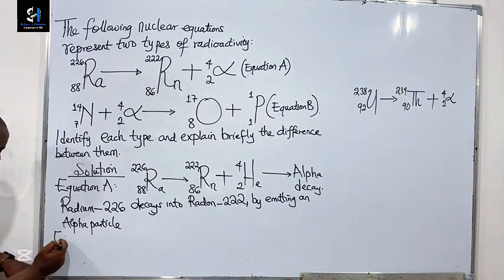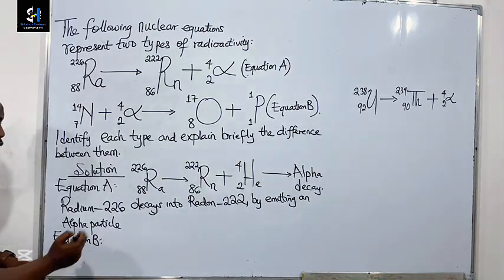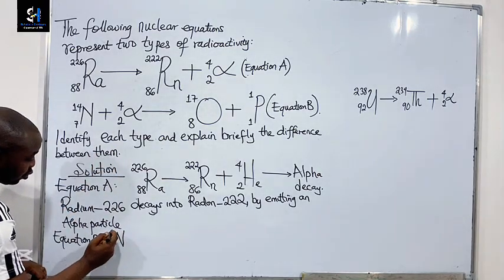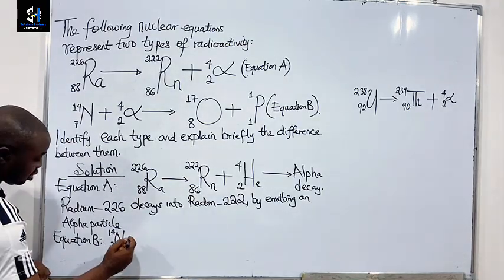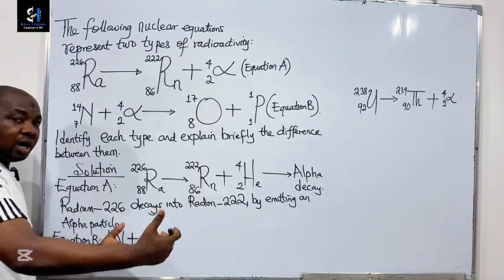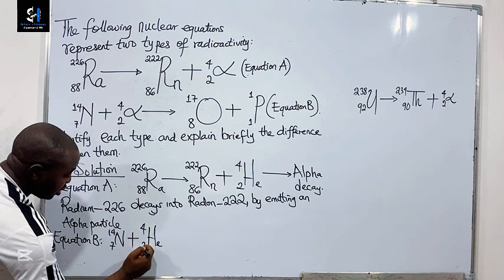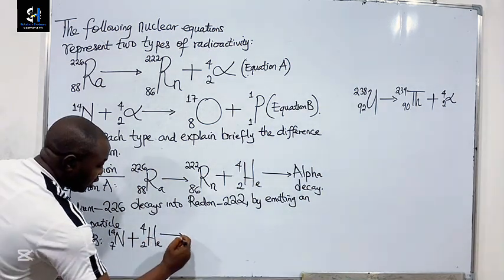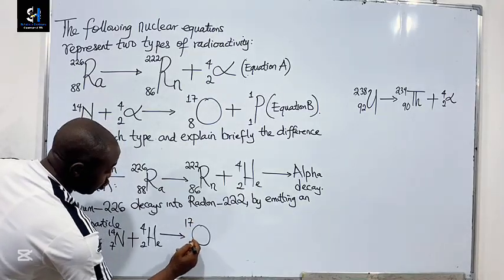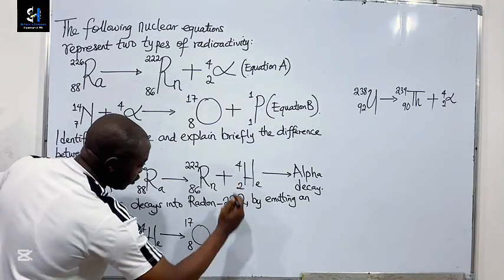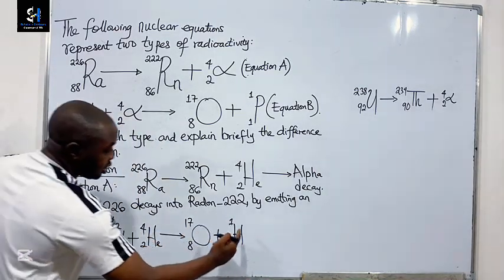All right, the second equation, equation B. We have nitrogen-14 with atomic number 7 being bombarded with an alpha particle, helium, transmuting into oxygen-17 and a proton.